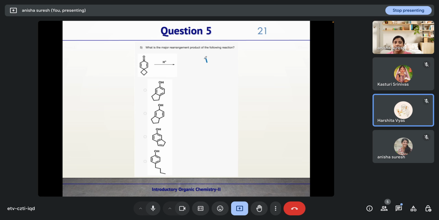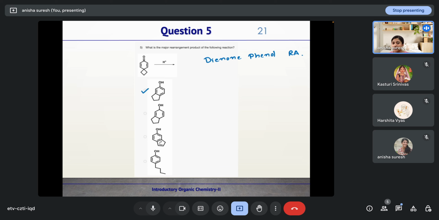It is the dienone phenol rearrangement. So what is the product? It will be option A.